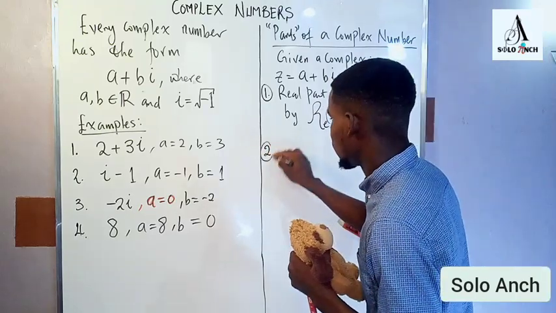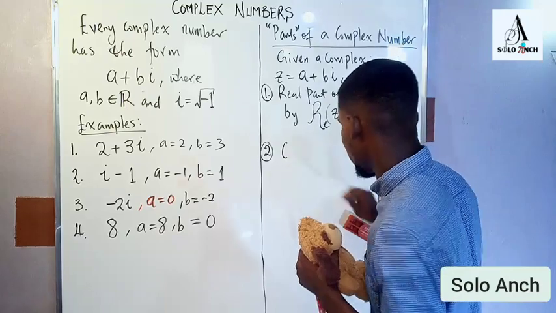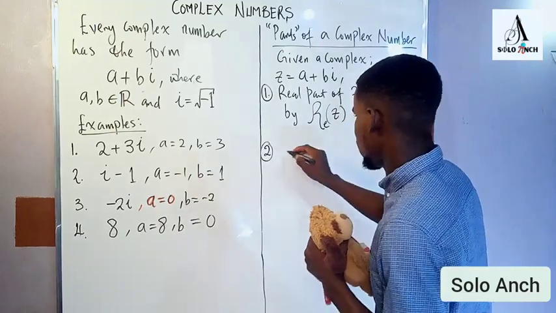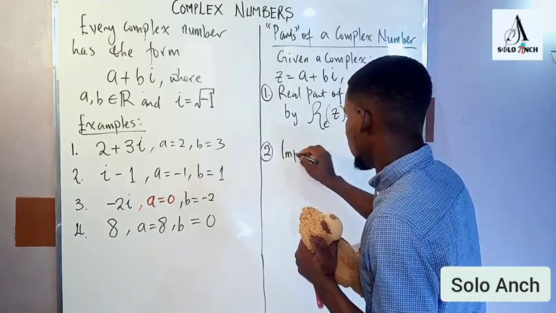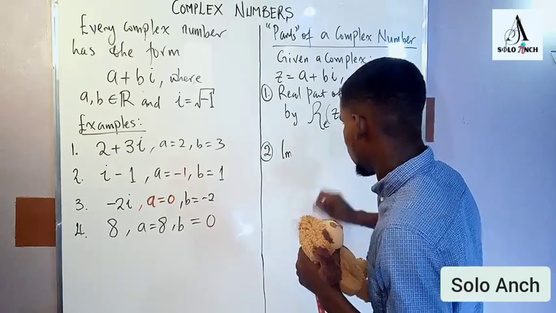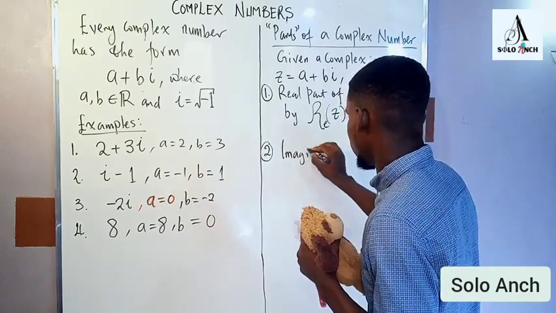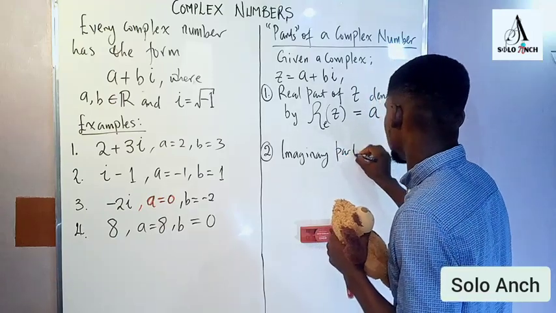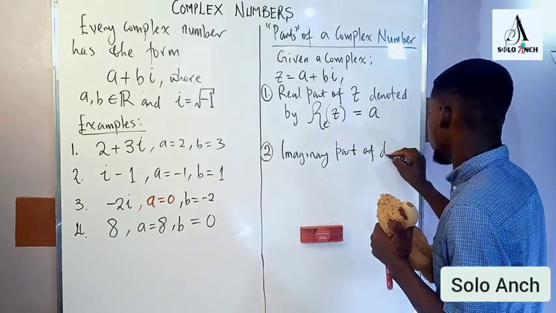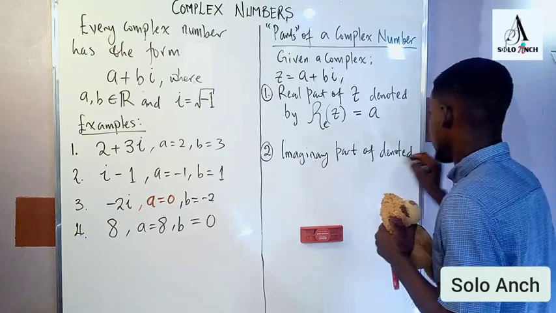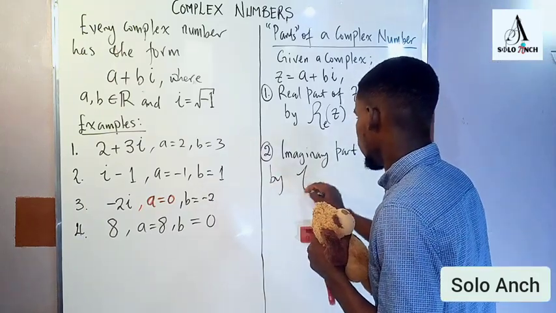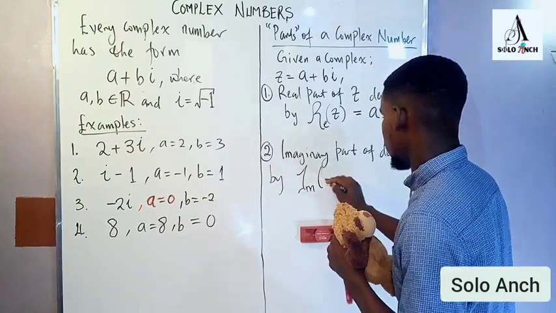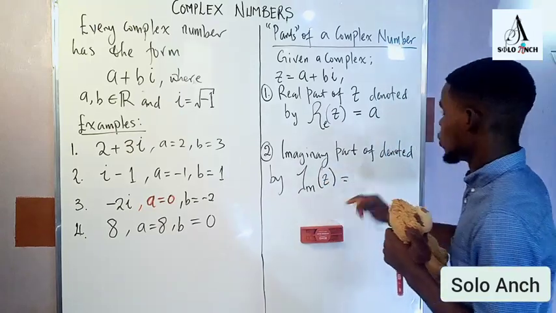Now the second one is the imaginary part of z, which we can denote by Im(z). The imaginary part of z is going to be what?